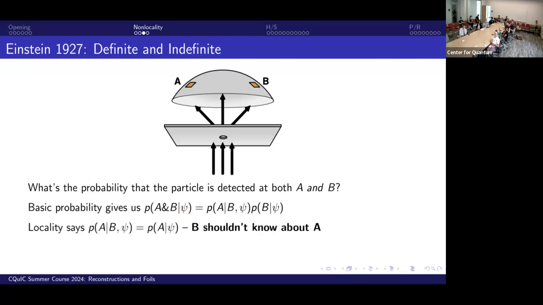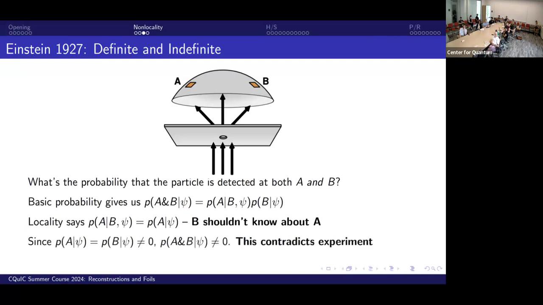But if we're assuming some kind of locality, Einstein would argue that this conditional probability shouldn't actually depend on what's happening at B, so it should just be the same as the probability at A. When you do that, you run into a problem, because we know the probabilities of A and B are not zero. So it should follow that the probability of detecting this one particle at both A and B should also be non-zero. This tends to contradict experience. We're not detecting two particles, we're sending one particle.